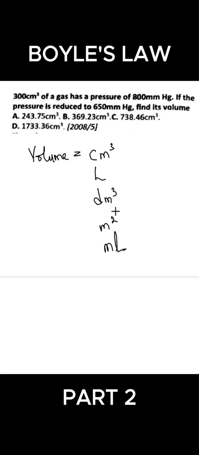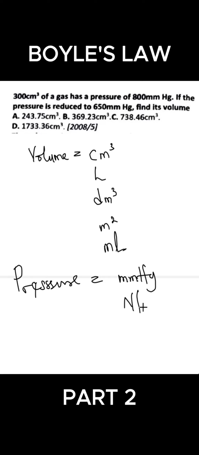These are all units for volume. While the unit for pressure is millimeter mercury, or Newton per square meter, or atmosphere, in abbreviation ATM.